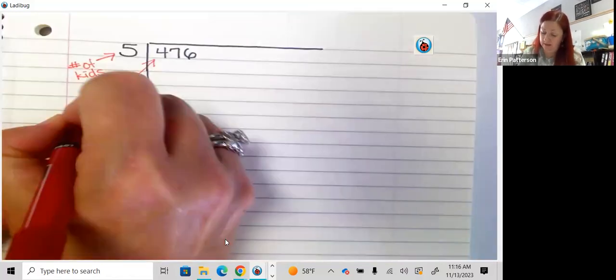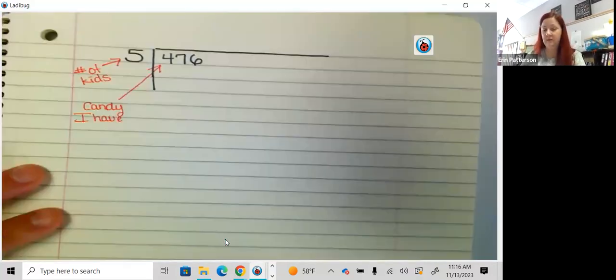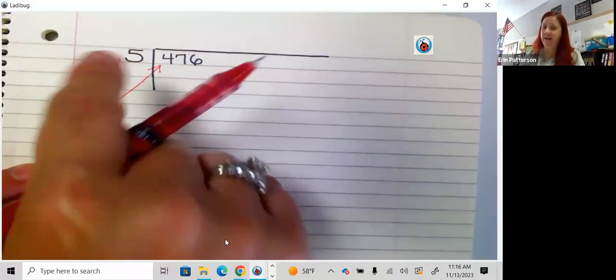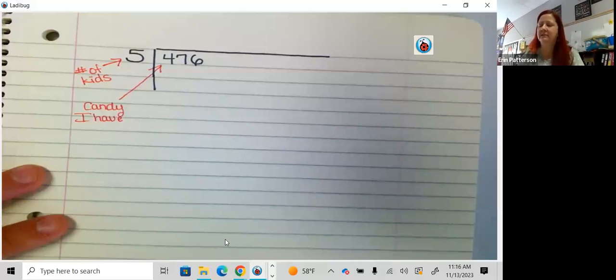This is candy I have. I got 476 pieces of candy. I got 5 kids that are like, Miss Patterson, I was awesome. I made straight A's. I practiced kindness and perseverance. I get all the candies. And I'm like, yes, you get all the candies.